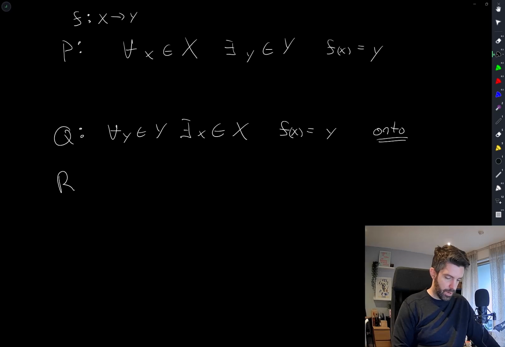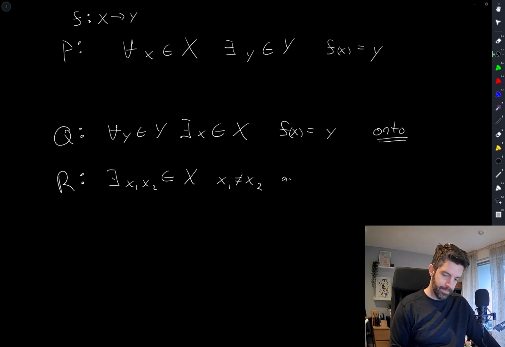And statement R has something to do with being injective, or 1 to 1. It says that there exists x1 and x2 in X with x1 not equal to x2 and f of x1 is equal to f of x2. So this is the definition of not injective.